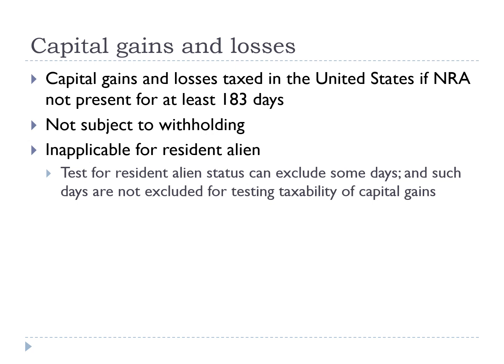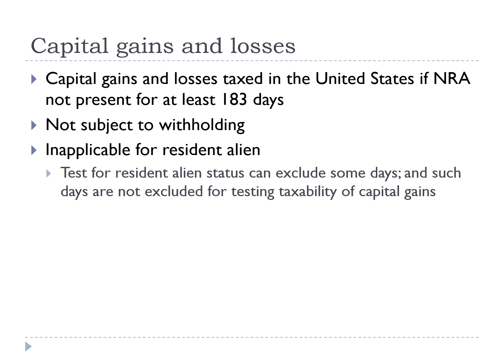However, as we learned in a previous lecture, the physical presence test for resident alien status ignores certain days of presence in the United States. And these days are not ignored for purposes of this special test for the taxability of capital gains.